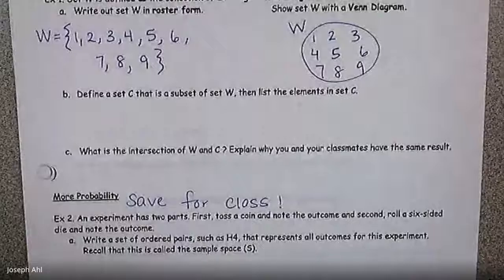Part B says define a set C that is a subset of set W, then list the elements of set C. There are so many different subsets that you can define. You can pick really whatever you want, but just keep in mind that when you define a subset, all of the elements you choose have to be in set W somehow.